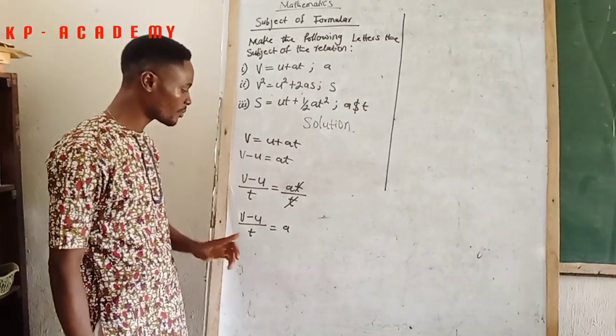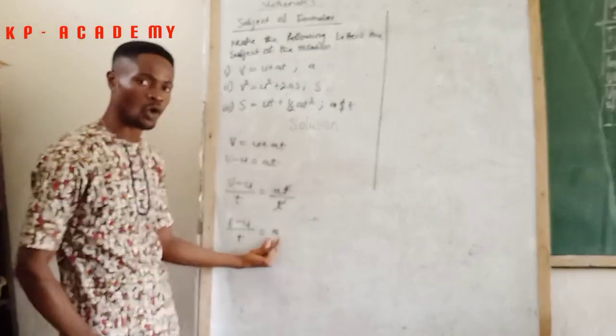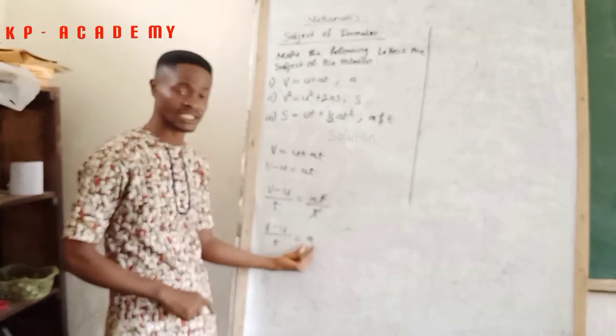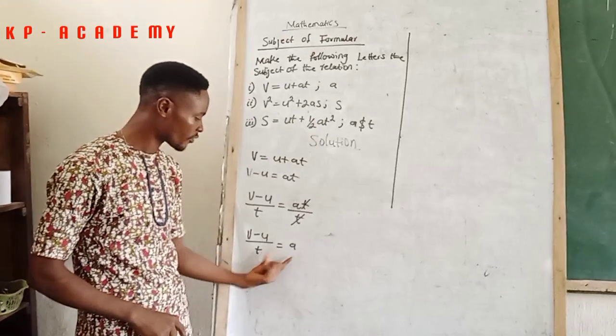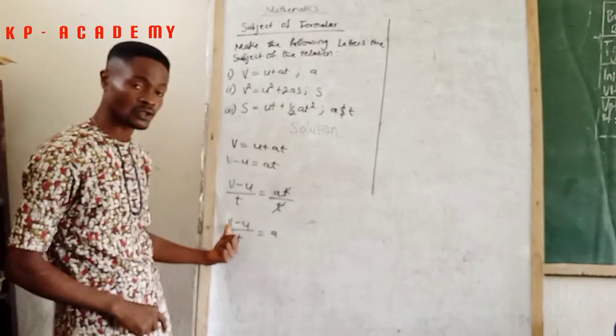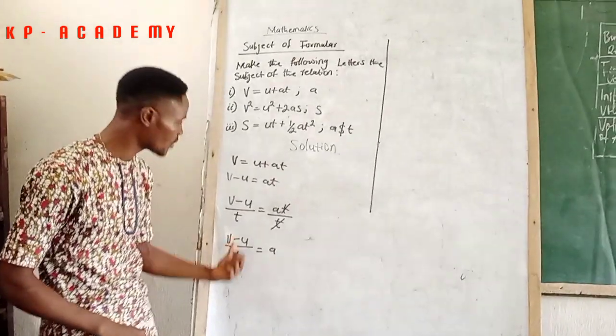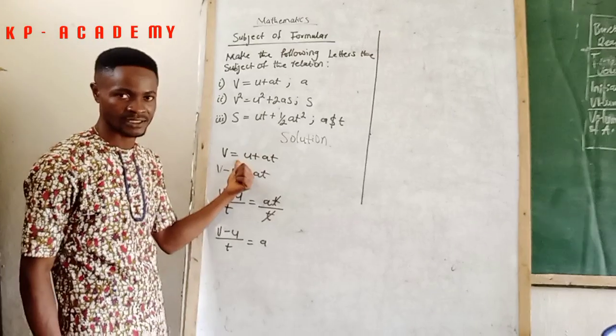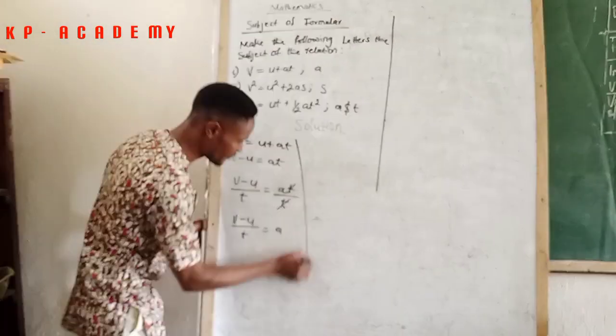So we've ended up making only A stand alone on one side of the equation. Hence A is the subject of the formula. And even from this answer we have, we can still be told to make V the subject of the formula, and if we do that, we are going to get back to this as the answer. Alright, so this is it for the first question.